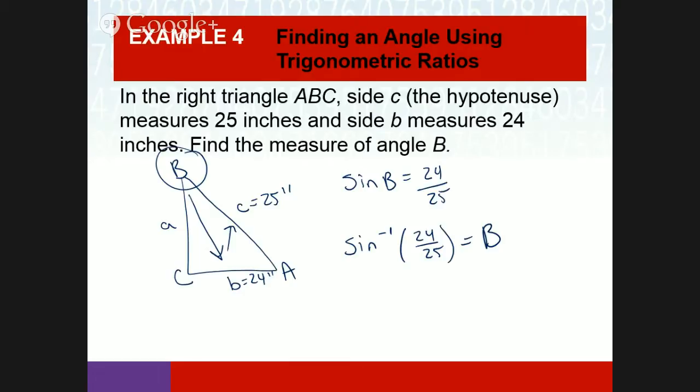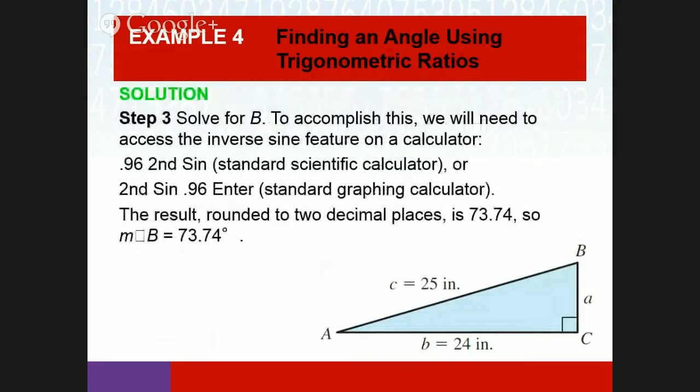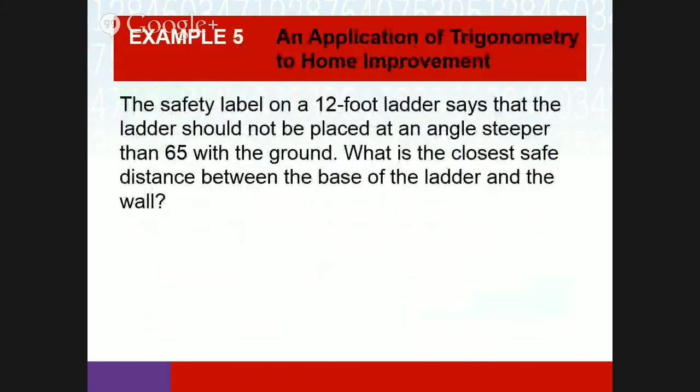Okay. So on your calculator, you're going to have to put 24 divided by 25 and then hit second sine inverse of that. And that's the angle measurement. Anyone else? You should get 73.47.